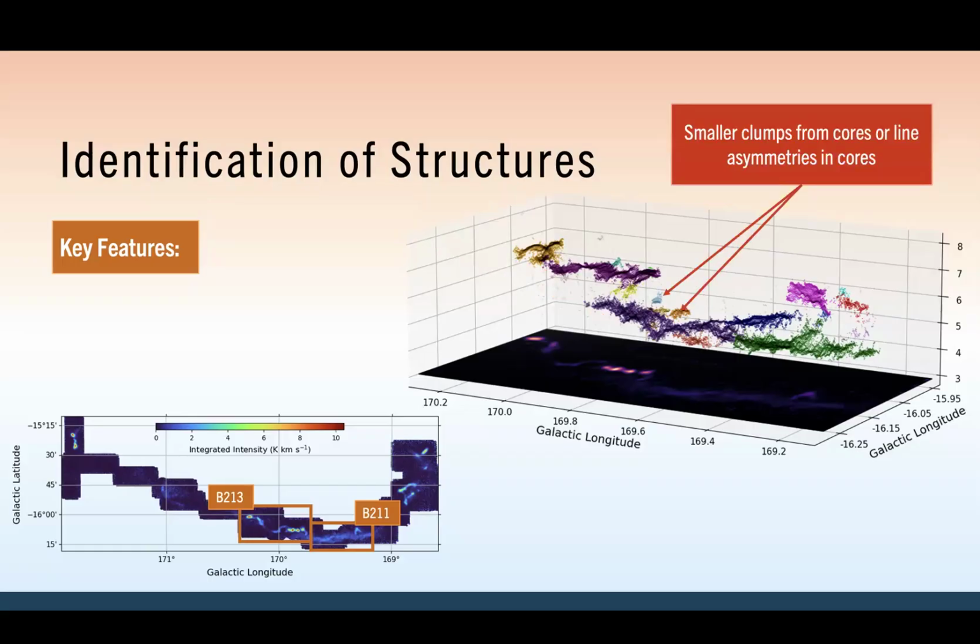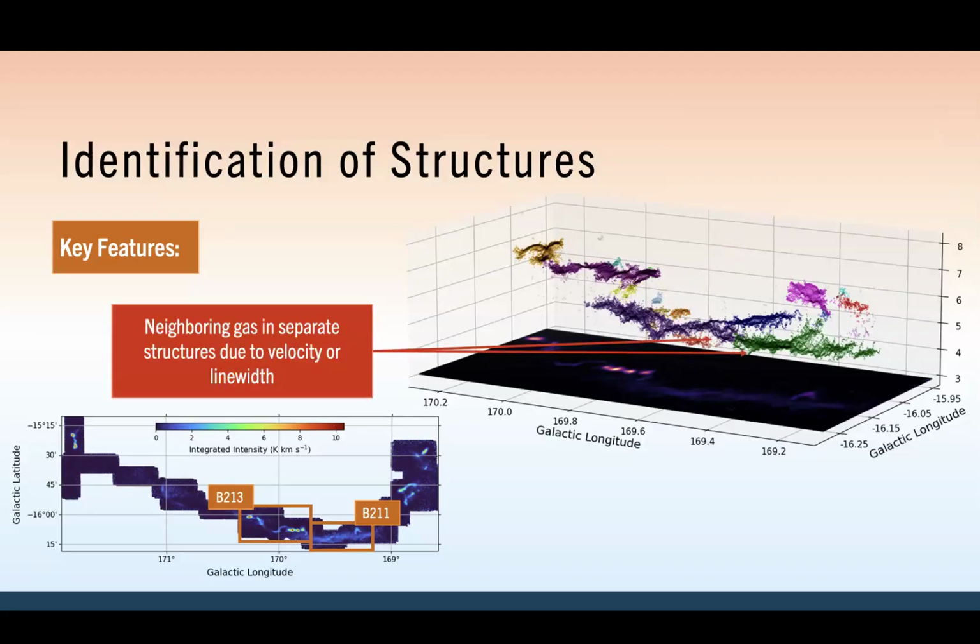Then we can see some of the smaller clumps or cores that mostly seem to come from the line asymmetries in the cores, especially since a few of those down here in B213 are known class 0 or class 1 protostars that are still fully embedded within the ammonia gas.